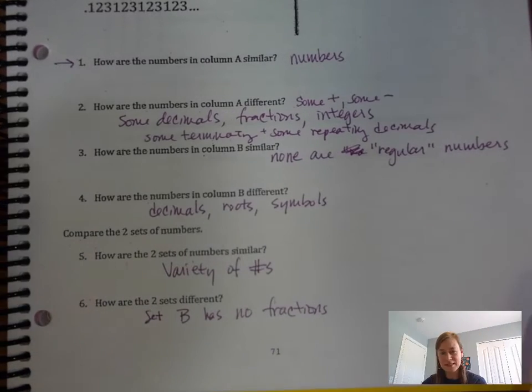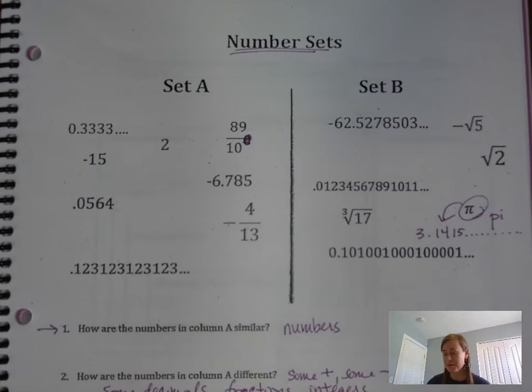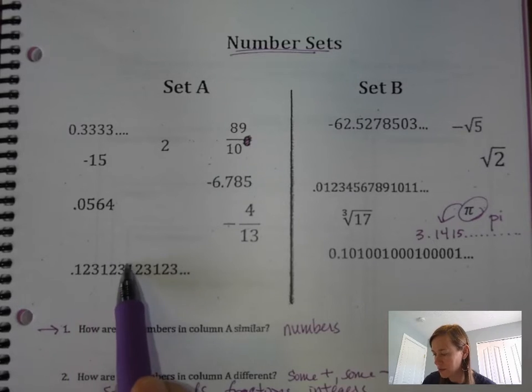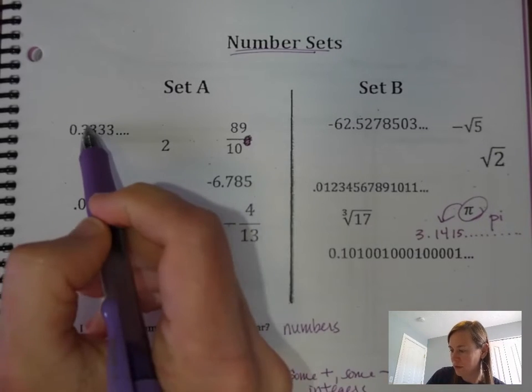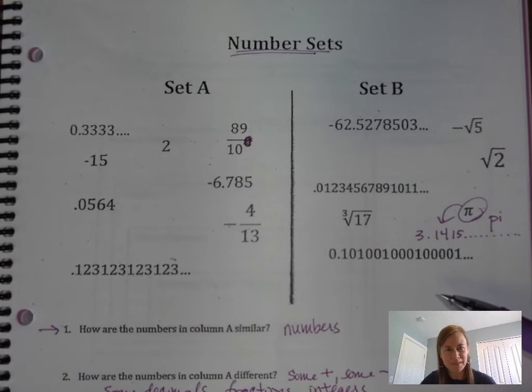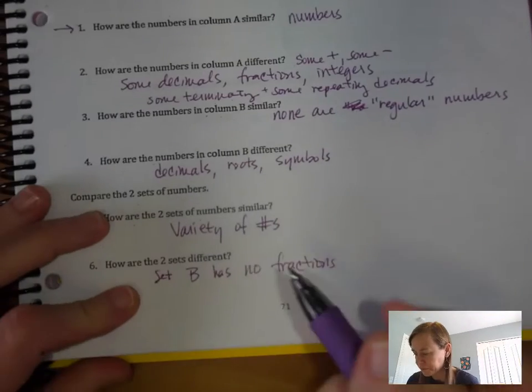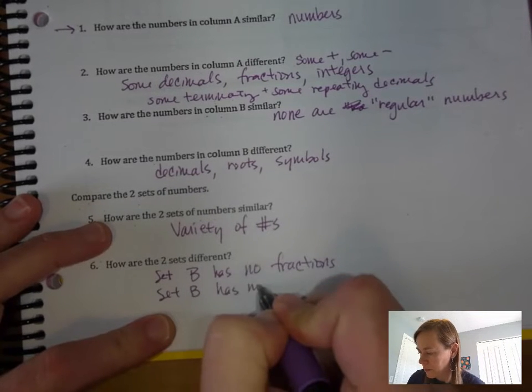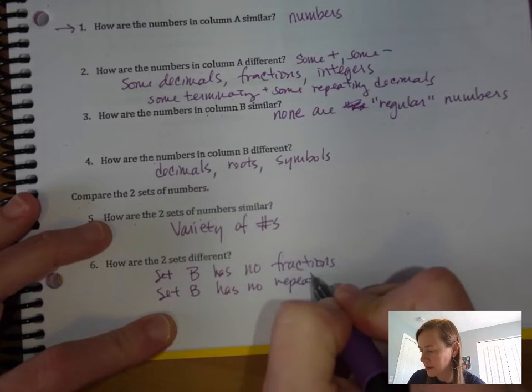All right, is there anything else that set A has that set B doesn't have? Well, you've got these decimals that repeat, like 1, 2, 3, 1, 2, 3, and 3, 3, 3, 3, 3 forever. Does set B have any of those repeaters? No, it doesn't. Set B has no repeating decimals.